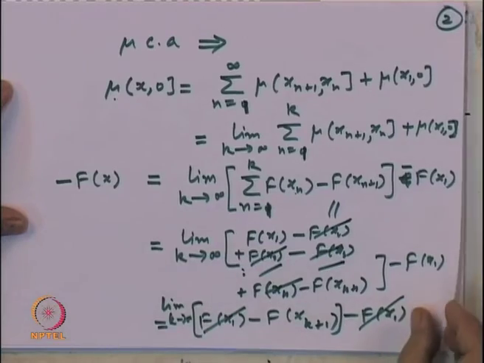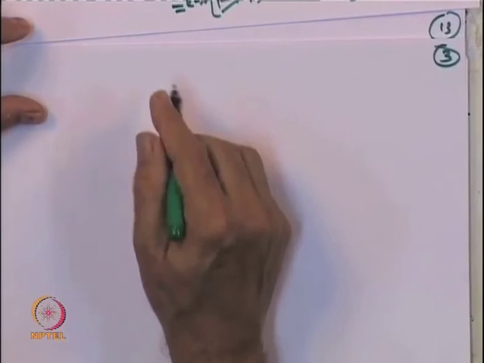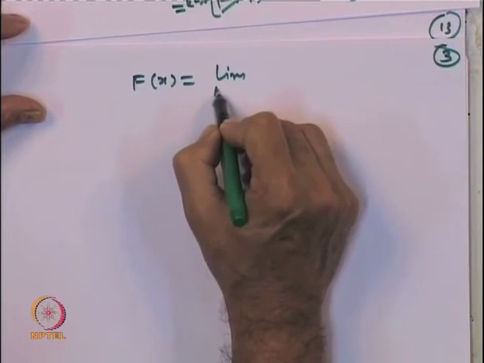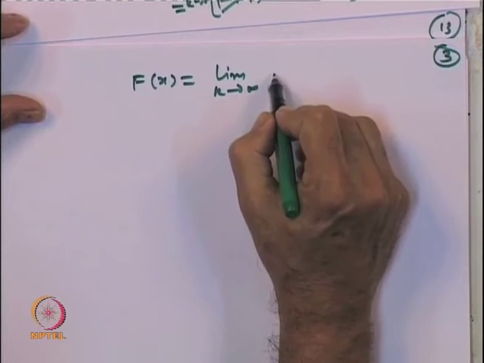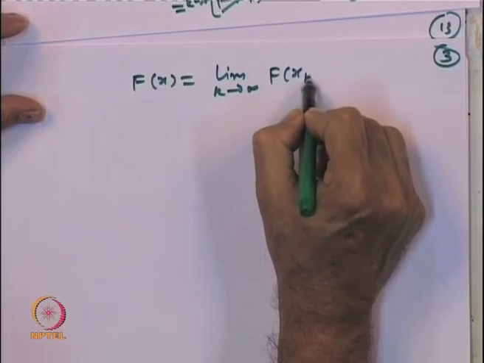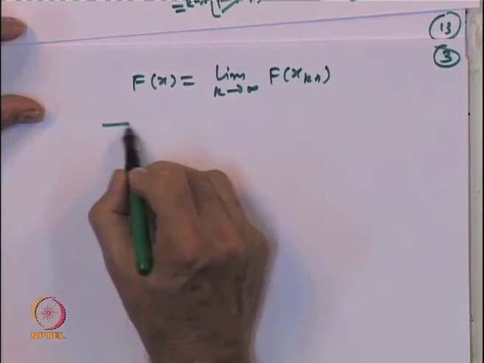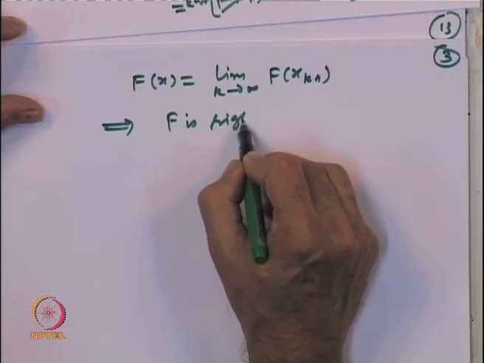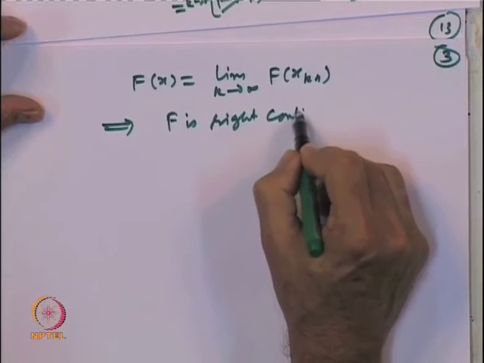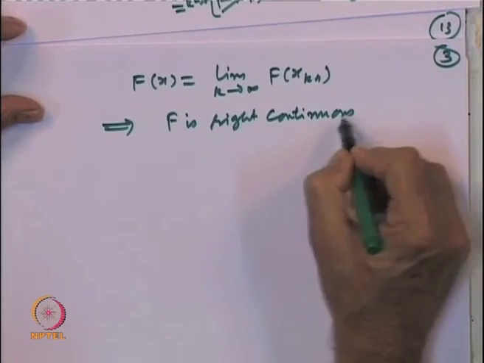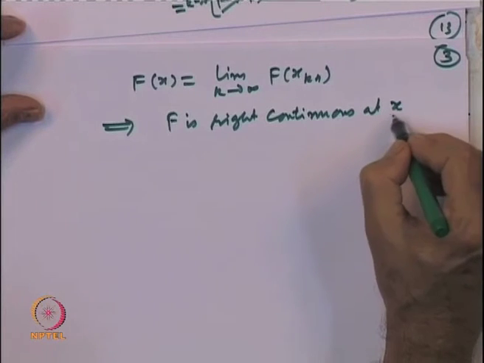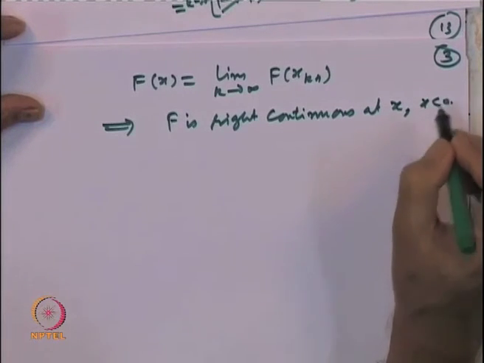So, what we get is that f of x is equal to the limit k going to infinity of f of x_{k+1}, and that proves the fact that f is right continuous at x in the case when x was less than 0.